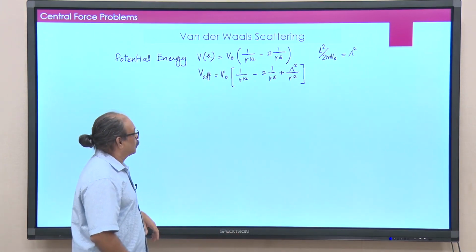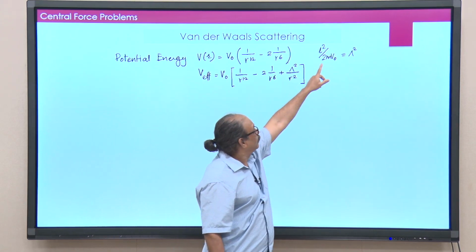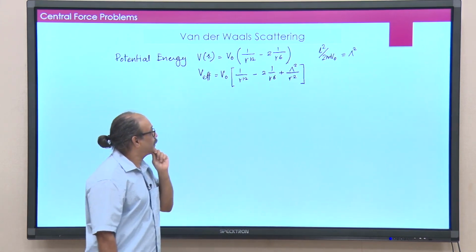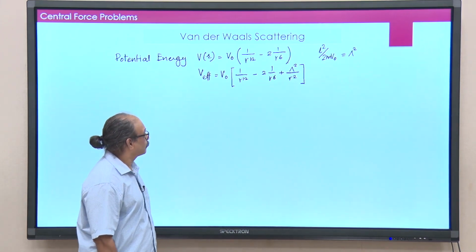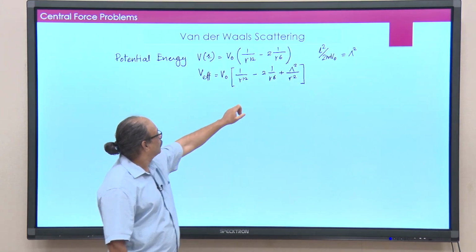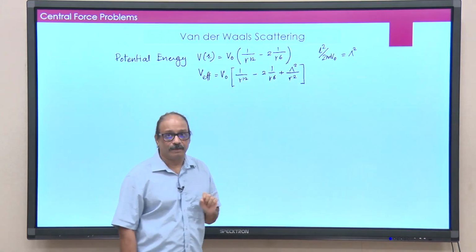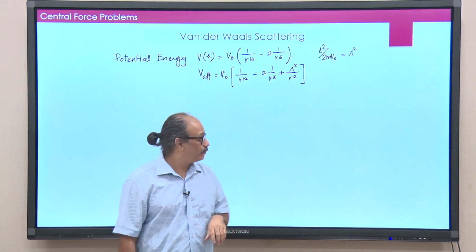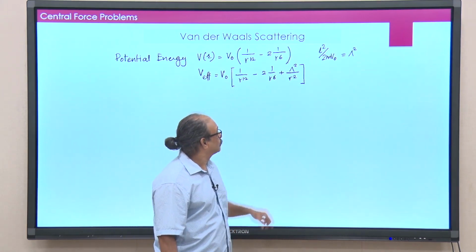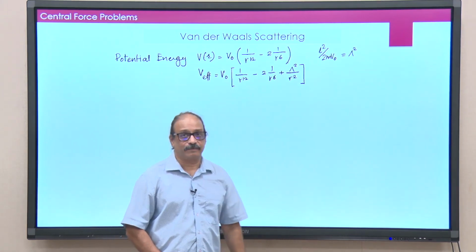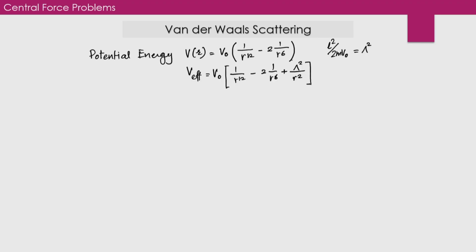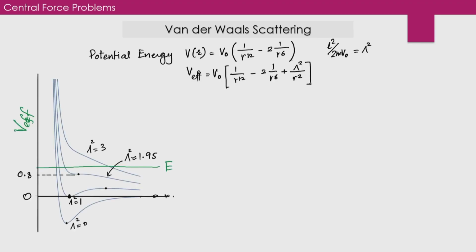Right. Now, I will define this factor here, which we will need to rewrite this V effective. You can see that V effective is basically this V plus L square by 2 m r square, which I have written as lambda square by r square there. Okay. Now, let us look at what happens.